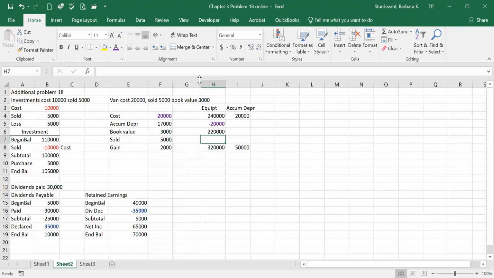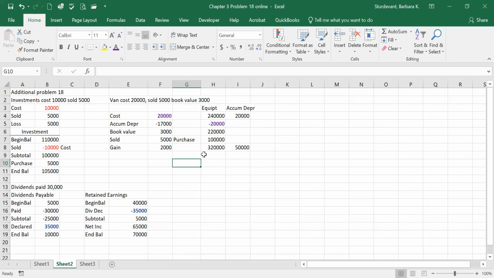Okay. And what would that 100,000 be? That would be a purchase of equipment. Is everybody okay with that? Because we increased the number from here to here, it means we went out and bought equipment.